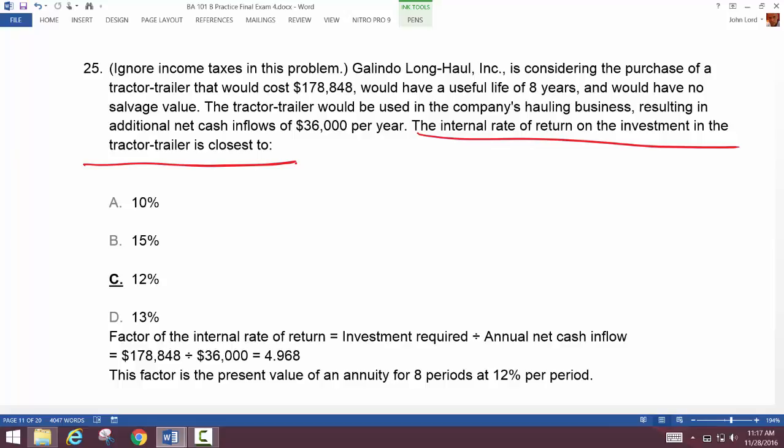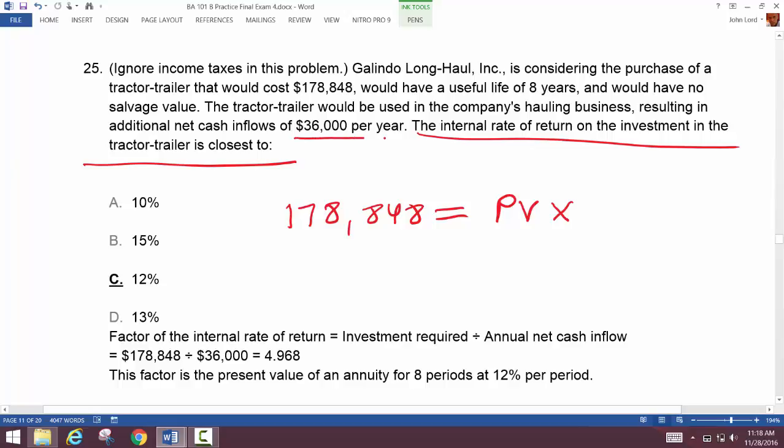And so net present value is 0 when the amount of the initial outflow, which is 178,848, equals the present value of the inflows, and the inflows are going to be this 36,000, right? Won't that make the internal rate of return 0 at 12%? Okay, so I just need to find this present value factor.